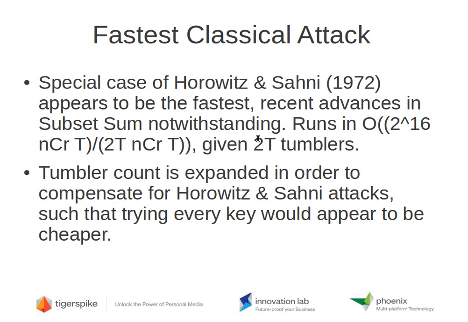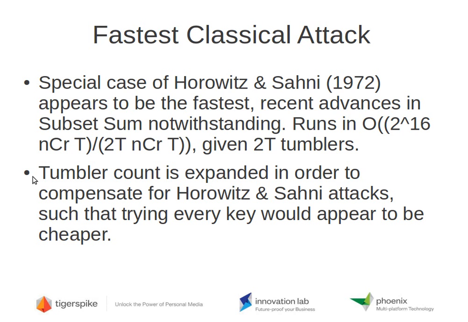This specific special case, which we call sparse Horowitz and Sahni, runs in 2 to the 16th combination t divided by 2t combination t, given 2t tumblers. By the way, the algorithm is actually quite a bit different than Horowitz and Sahni, and perhaps we should call it the tiger spike algorithm, but there are nevertheless similarities, so we'd like to give them some credit.